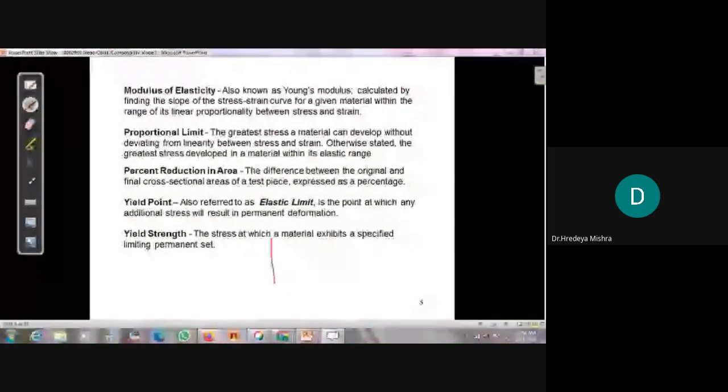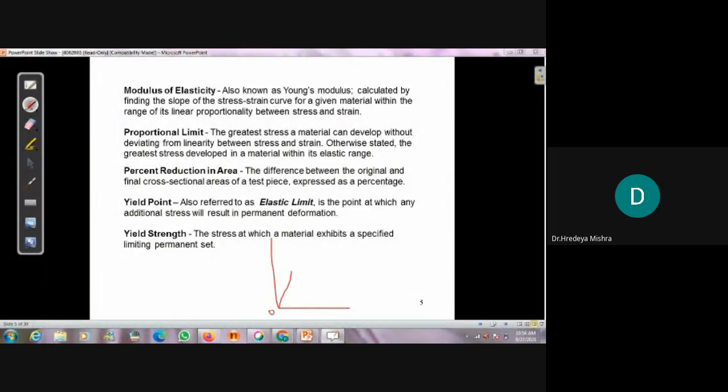If this is our proportionality limit, this is O and this is A. The E depends on this slope.